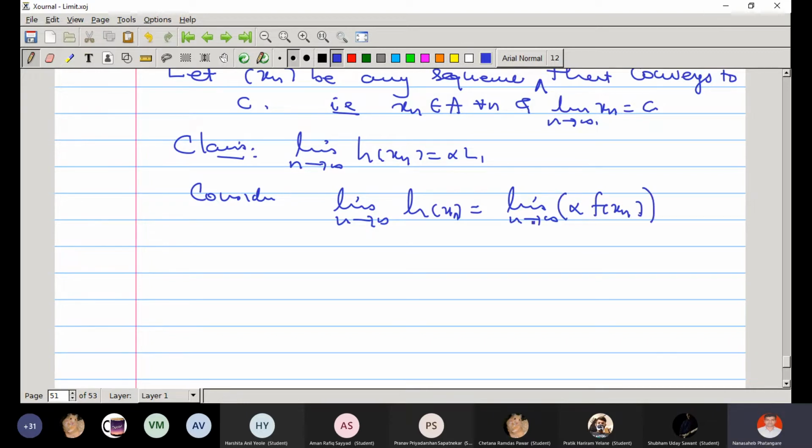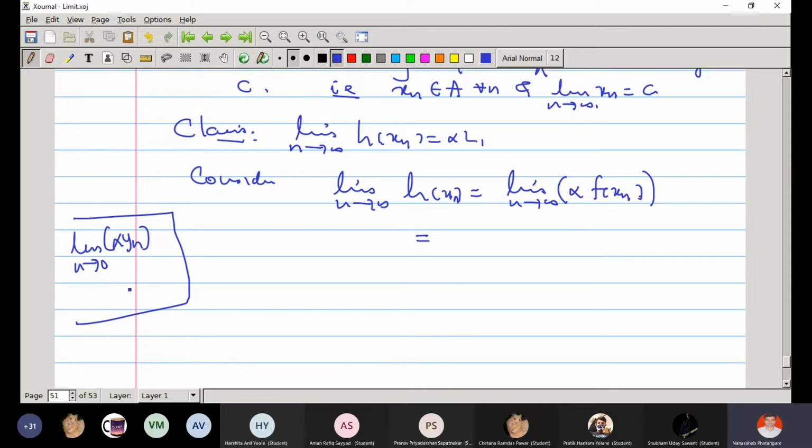Now this is the limit of a sequence, and we use the direct property of the limit of a sequence. What is the limit of alpha times yn for sequences? Alpha times the limit of yn. That we know.